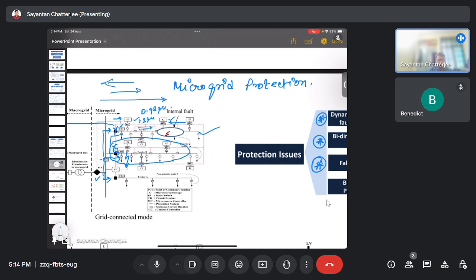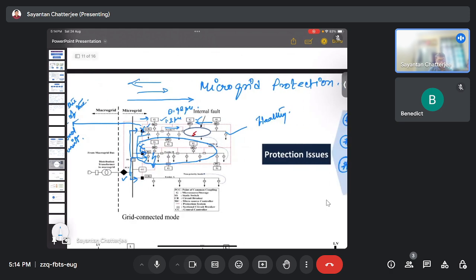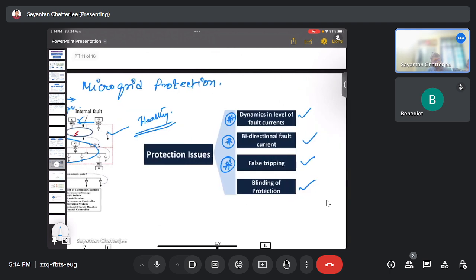This feeder was a healthy feeder, but this feeder got tripped just because of the fault occurring at this point. Okay, so this healthy feeder got tripped due to the absence of the directional unit. So that leads to a false tripping, because that line was not intended to be faulty. That line should not have been tripped.